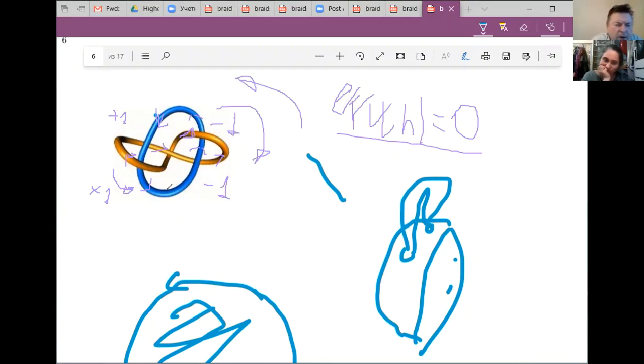So it will be plus. Then the second one, we are looking at the yellow one, which is up, and it also follows the orientation. As a game, you can change orientation in one of them, only in one of them.